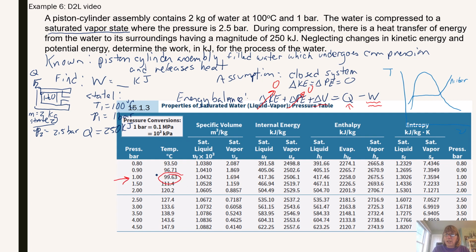The temperature right here is 99.63 degrees Celsius, right? But we want 100. And 100, if we look at 100 going across our graph here, is out here. And that is state 1. And since we're out there, we're in the superheated region.